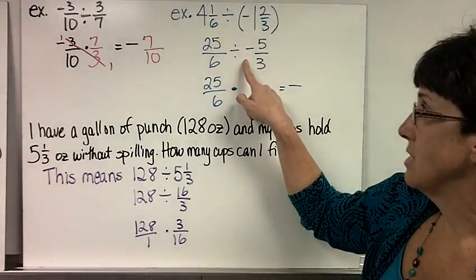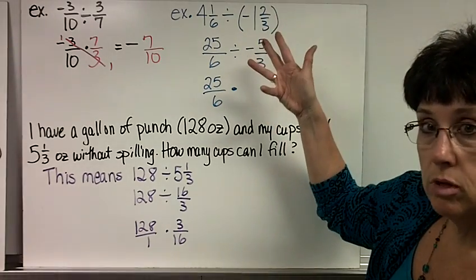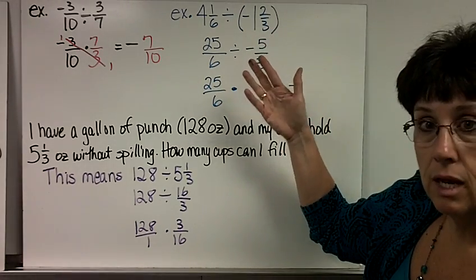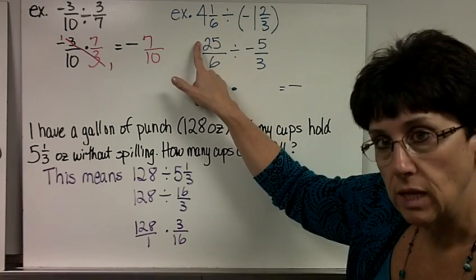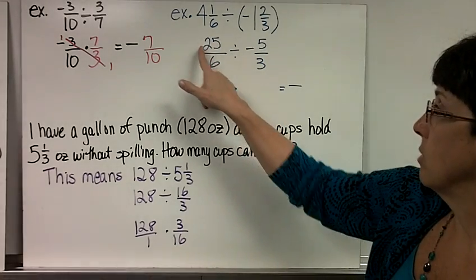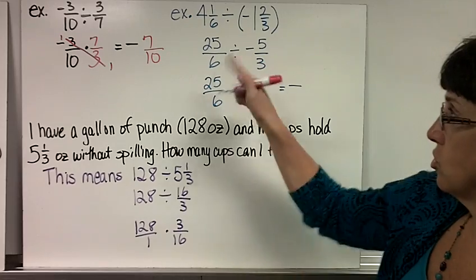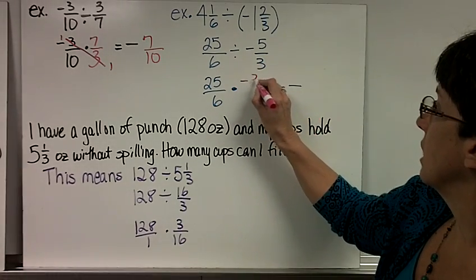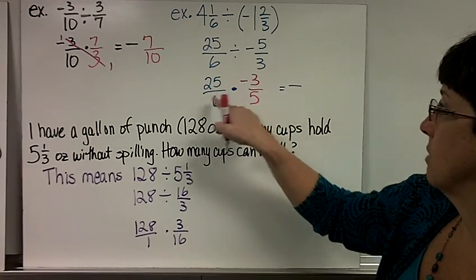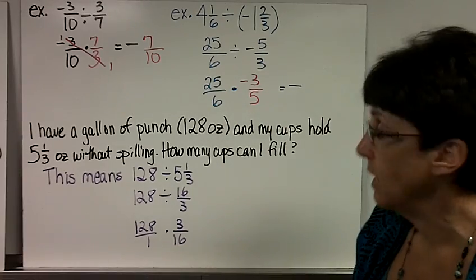So don't take shortcuts and do the reciprocal at the same time because you might make a mistake, and don't make mistakes in this. Okay? There's time to do less work, but this is not one of them. So I'm going to copy down my first term. Dividing by a number is the same as multiplying by its reciprocal, -3/5. Negative times positive is negative, so I'm going to write equals negative.